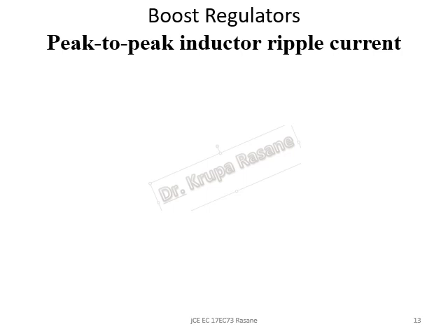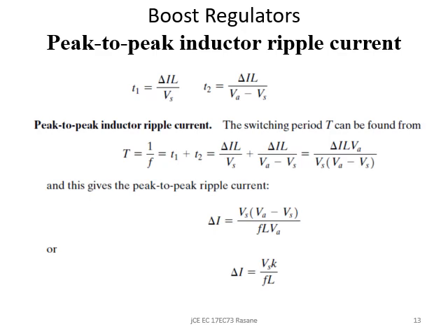Now let us look at the peak-to-peak inductor ripple current. T1 is equal to delta I L upon Vs, and T2 is equal to delta I L upon Va minus Vs. To calculate the peak-to-peak ripple current, the switching period T can be found from T equal to 1 by F, which is equal to T1 plus T2.